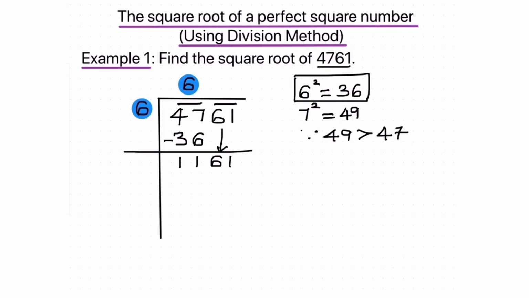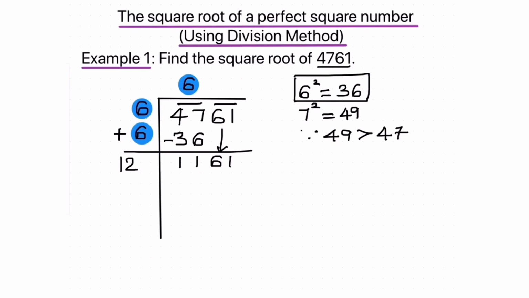Next we need to find the new divisor. To find the new divisor, write the first quotient just below the divisor here. So we can write 6 here and add them. We get the sum as 12. Next we need to find the new divisor.